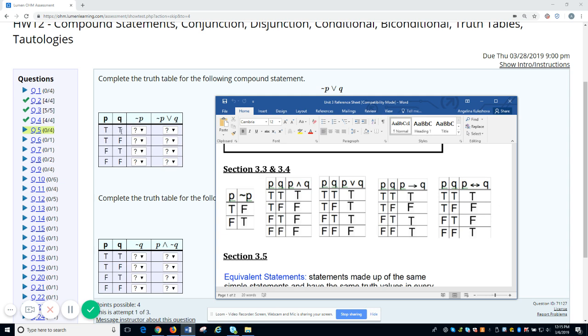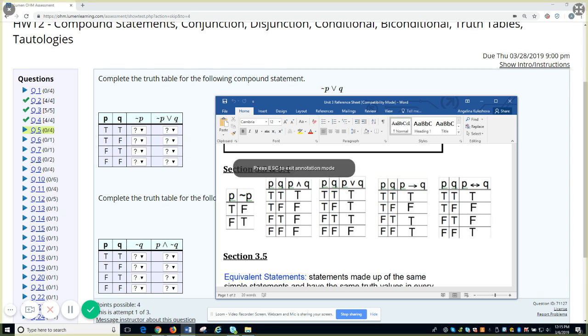So I'm going to completely ignore the q column. I'm not looking at the q column in this case, and I'm just looking at the p and then negating the p. So for that, if I look at my basic table, the basic table says if my original value is true, then the negated value is going to be false. And it really doesn't matter the lettering.